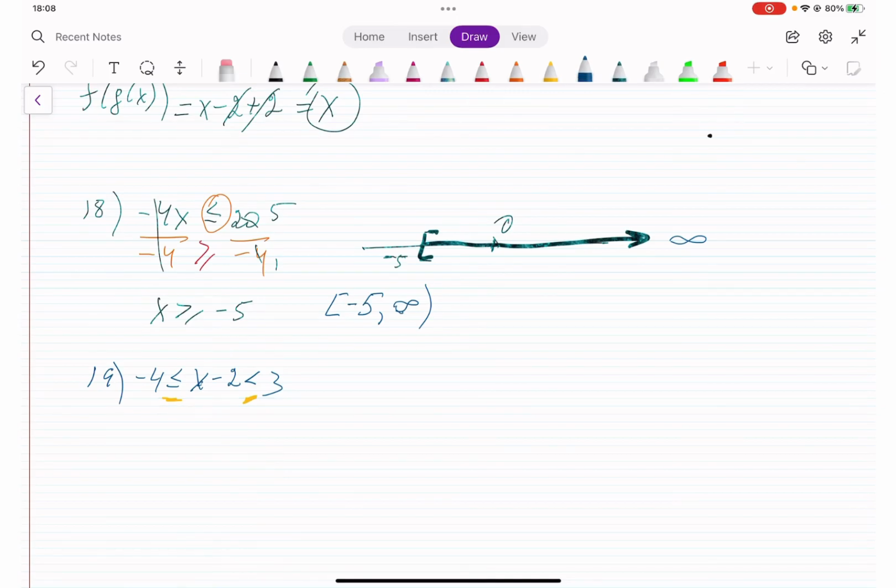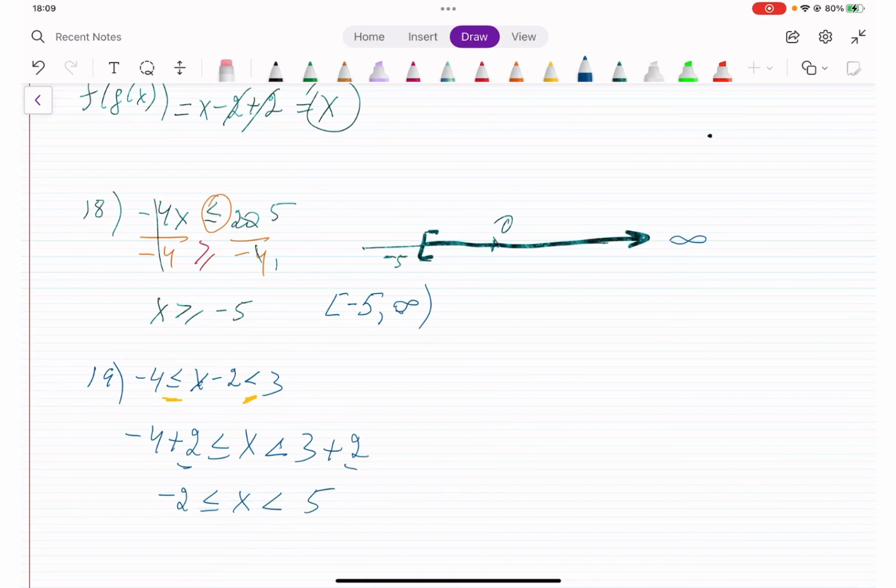Easy way, both. So negative 2 I'm transferring here, and negative 2 I'm transferring here. So that's going to be negative 4 plus 2, and then 3 also plus 2. You see, this 2 I moved on both sides. And from here, negative 4 plus 2 is negative 2, and 3 plus 2 is 5.